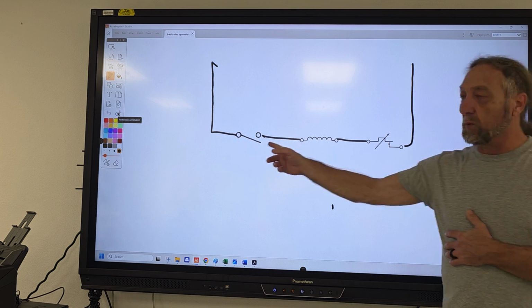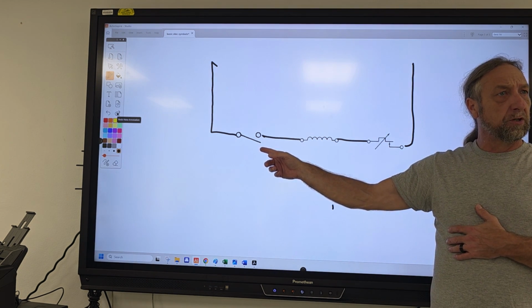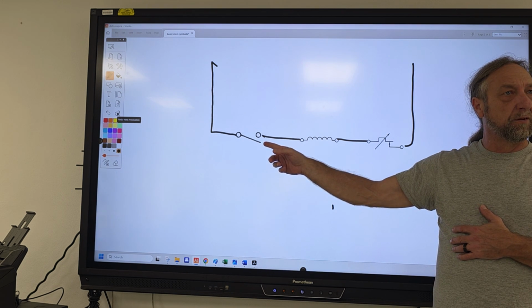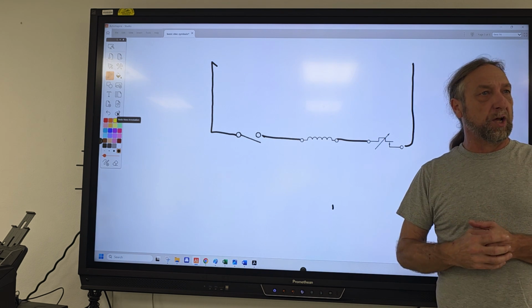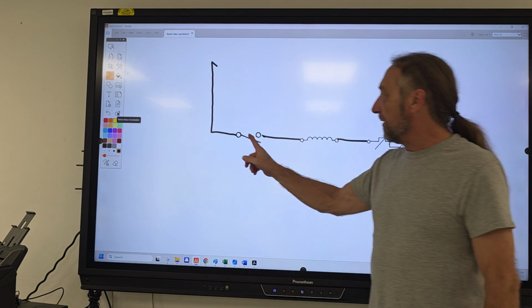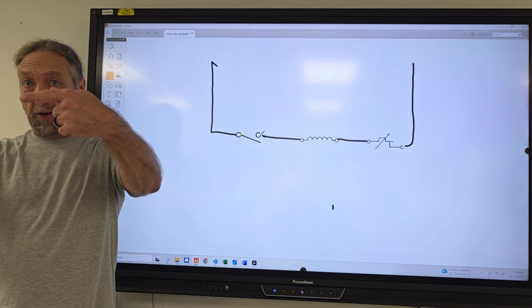How are you gonna check the switch? With voltage. I need to know if there's current going to the switch first. With the multimeter. These are the only two points on the switch, two wires connected there.